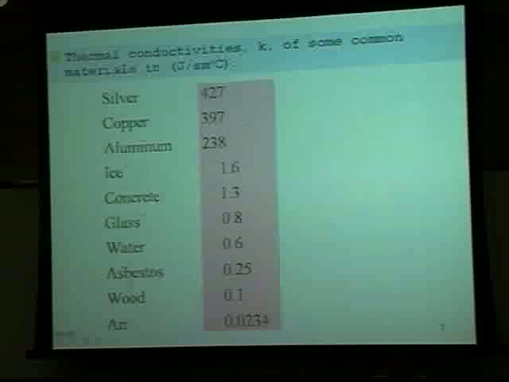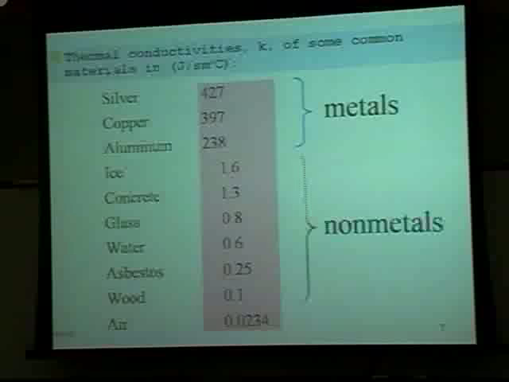Thermal conductivity of some other substances that do not have free electrons is several magnitudes less. And air, being a gas, where you don't have the proximity of molecules to transfer energy as readily, is a very good insulator. So we've got metals, nonmetals, and gas, gas being the best insulator in this list.